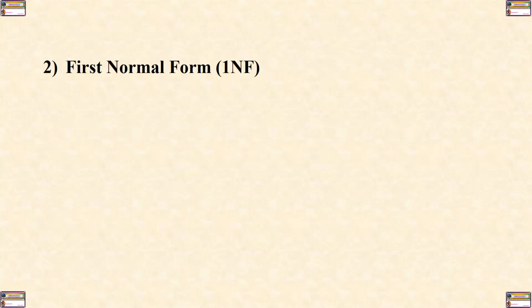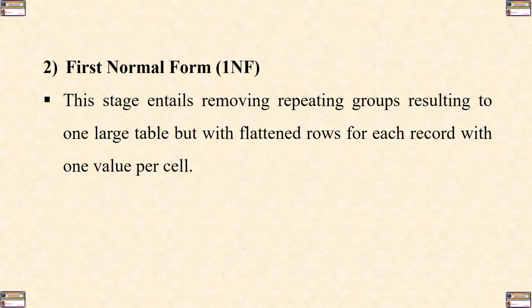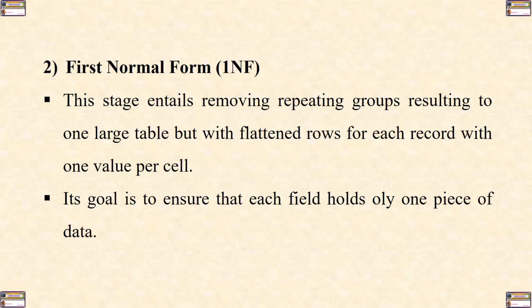The second stage, which of course is now the first normalization step, is what we call the first normal form, 1NF. This stage entails removing the repeating groups of data existing in the unnormalized format, thus resulting in one large table, but with flattened rows for each record with one value per cell.